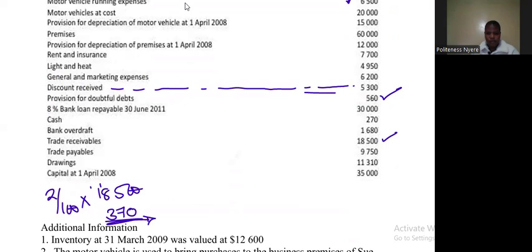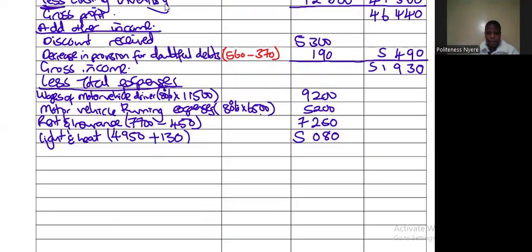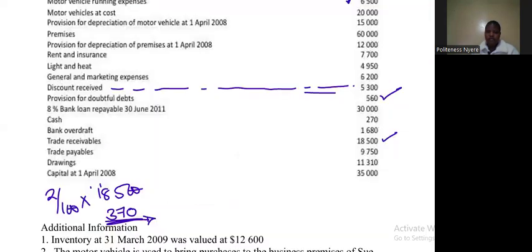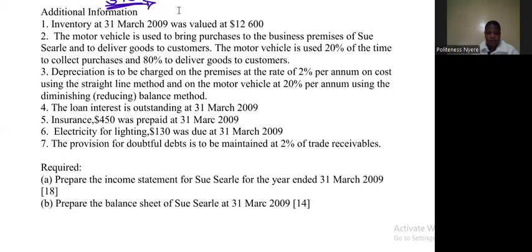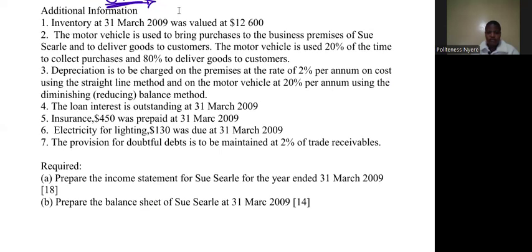Then the next expense that we have is general and marketing expenses, 6,200. Since we didn't have any adjustments, that's fine.